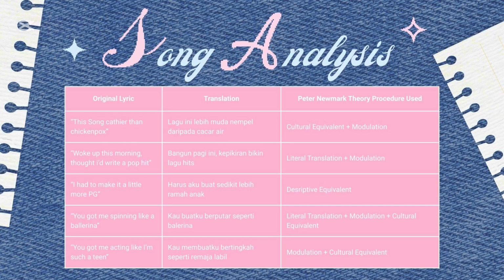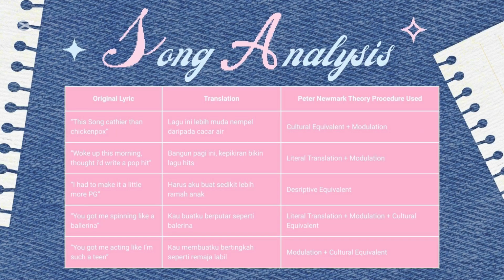The explanation of the analysis of the song Nonsense by Sabrina Carpenter. The first lyric, we have "this song catchier than chickenpox," and the translation in Indonesian is "lagu ini lebih mudah nempel daripada cacar air." And the analysis is the lyric has procedures such as cultural equivalent and modulation.